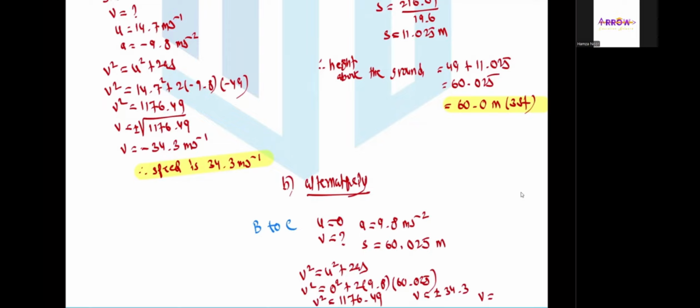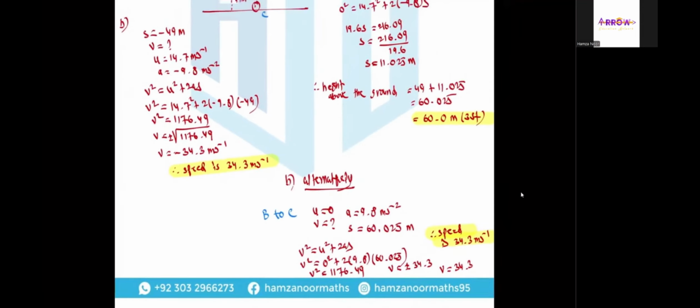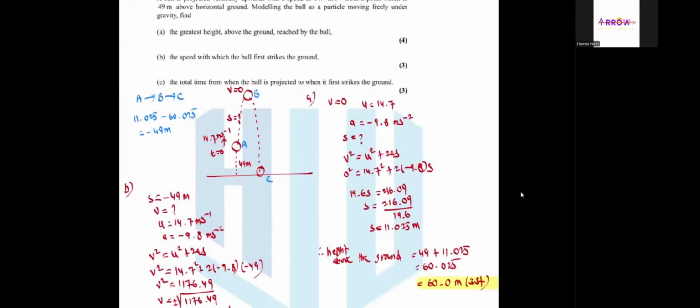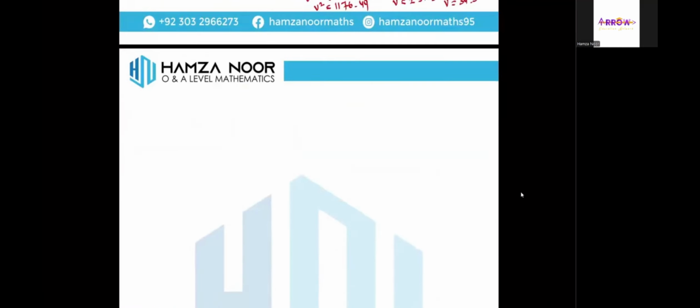So velocity is 34.3, and therefore you are going to say that speed is 34.3 meter per second. So this was basically an alternative approach for part B. So now coming on to part C, I'll bring the picture of the question on the next page.